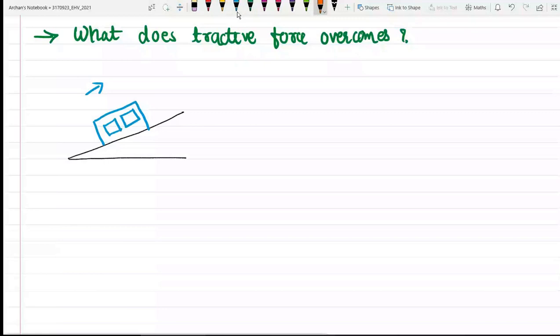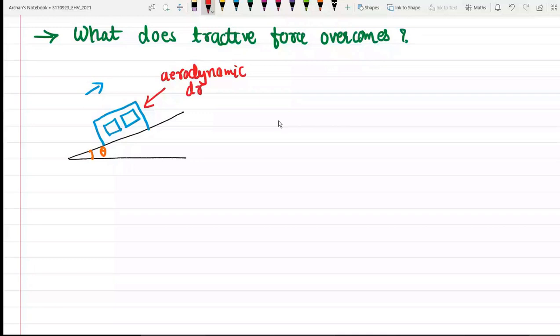Whatever traction force is required to move this vehicle upward, the tractive force which is generated has to overcome, first, aerodynamic drag. Generally this is the direction in which we will experience the aerodynamic drag. So this is my first point: we need to overcome aerodynamic drag.